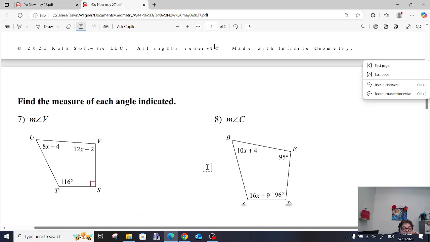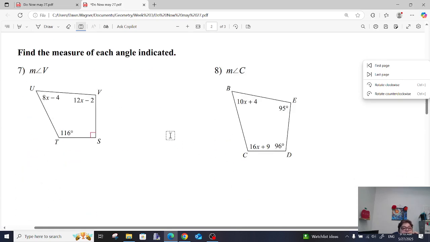Okay, so now we're here, right? Now I have to draw. I have four angles, right? And it's asking for the angle measure of angle V. To find angle V, though, I need to find x first. Does everybody agree with that? To do that, I need to know what the sum of all four angles would be.